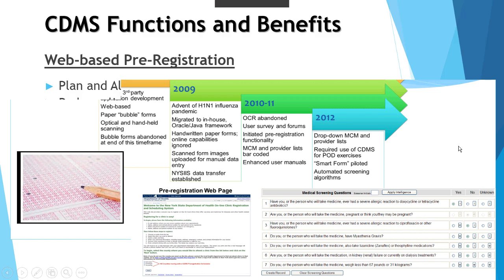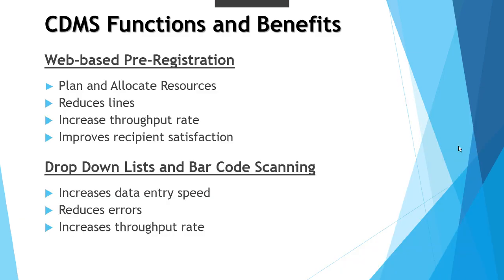So the CDMS functions and benefits, there's a couple big things. Again, the pre-registration is the big one. And what we found is that really helps participants plan and allocate resources. If the majority of the population pre-registers, they know how many people to anticipate. They can actually export all of that pre-registration data so they can anticipate who to expect, what kind of medical screening has been completed.